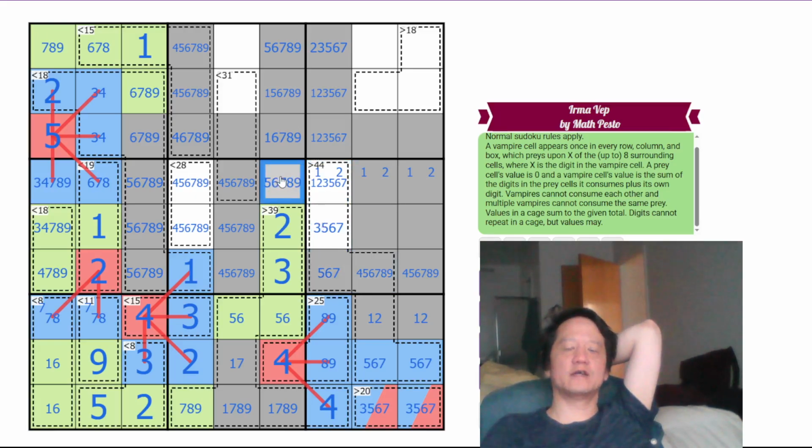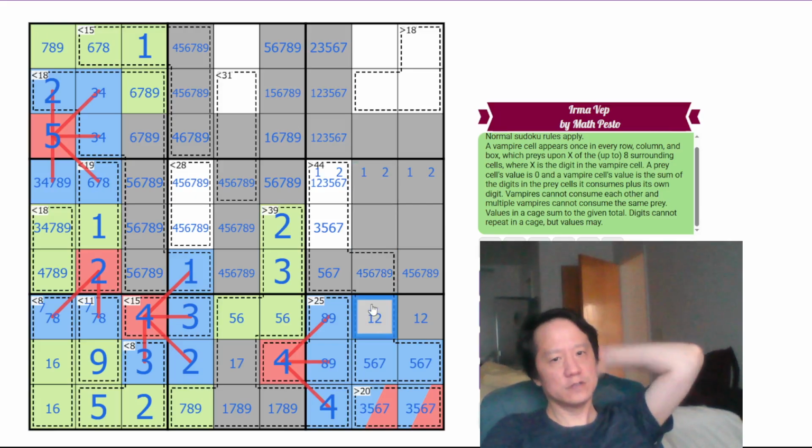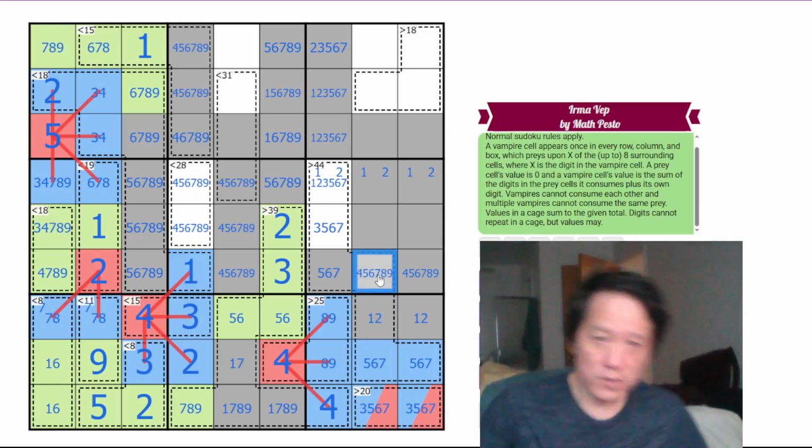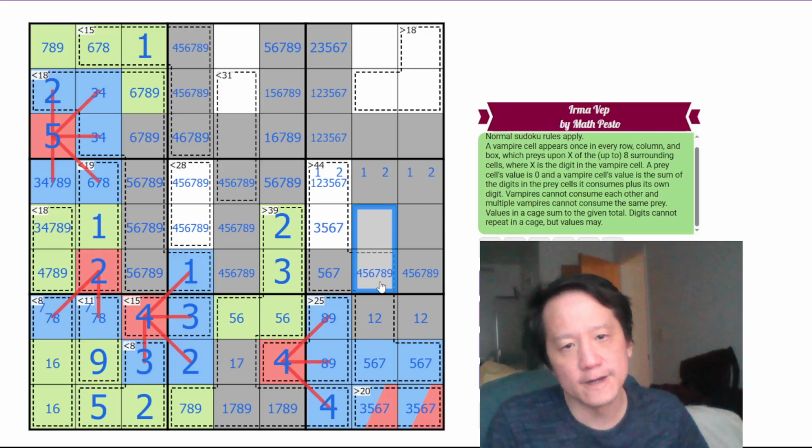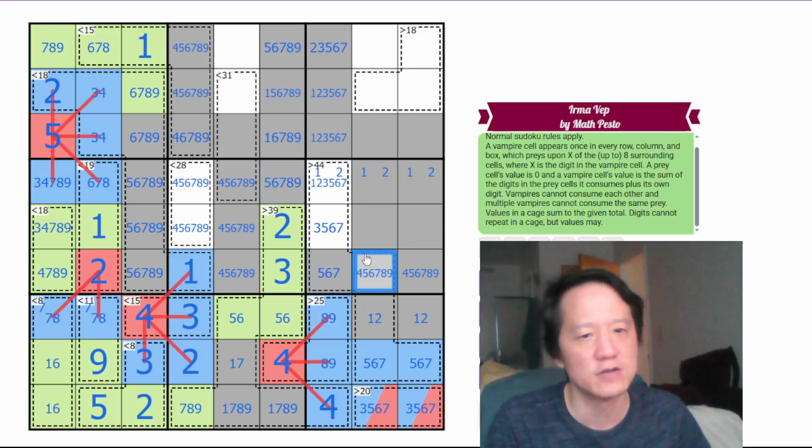It could be 9. 5, 6, 7, 8, 9, I guess, and then 1 or 2 twice. So 5, 6, 7, 8, 9 is the most. So that's 35 plus 9 plus 1 and 2 twice. That actually does work, so that's fine also. Ooh.